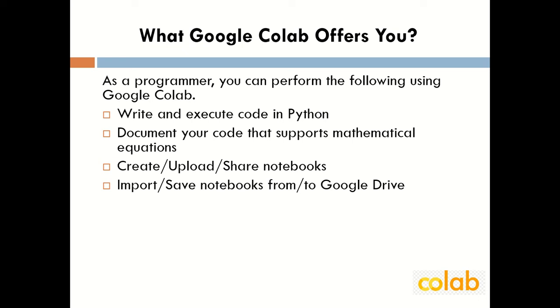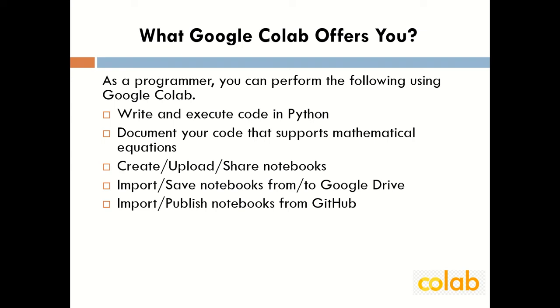You only need to know the name of your file and even your folder. Then you can import or publish notebooks from GitHub. From your GitHub, you can import some notebooks, or even whatever new notebooks you create here, you can publish through your GitHub.